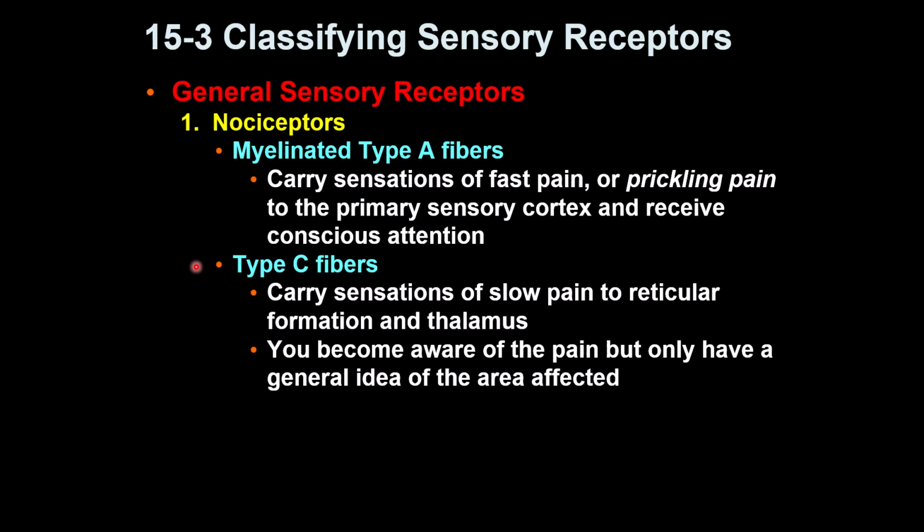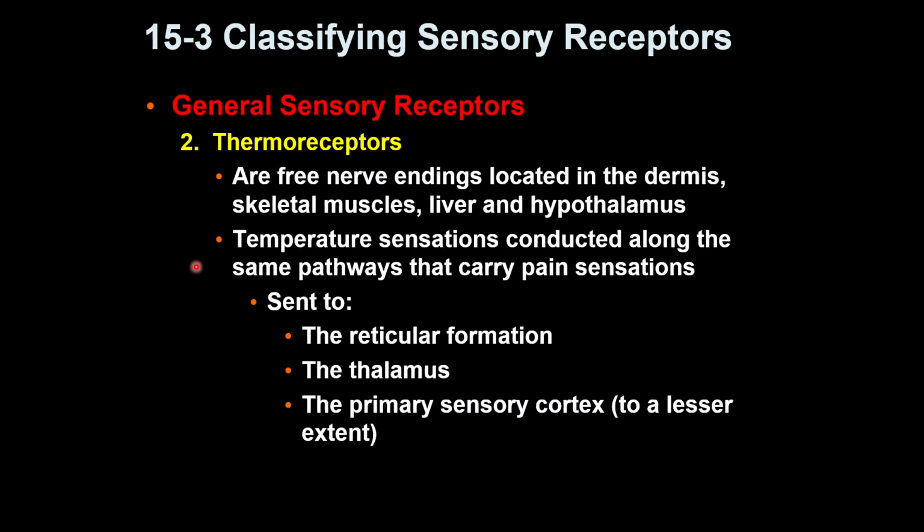So the body thinks, okay, this is not for survival, so the person can't die from it. That's why it does not transmit very fast, and it goes to the reticular formation. From there, it goes to the thalamus. If it is severe enough, then you can feel that pain. Otherwise, you may not feel anything.